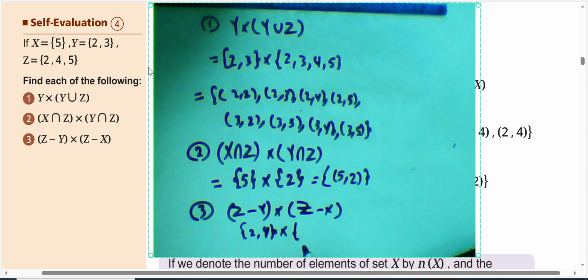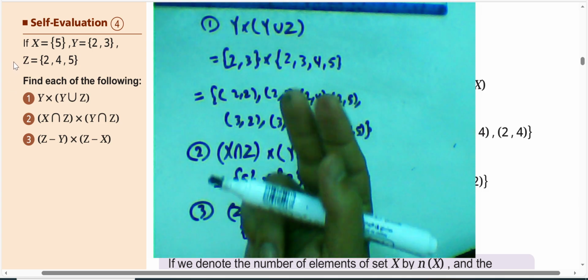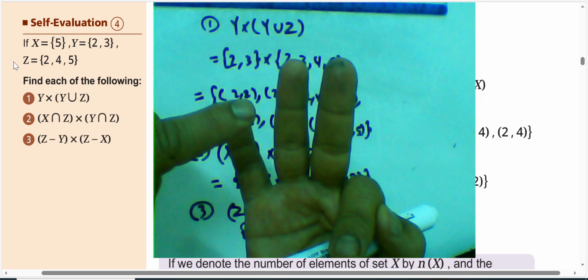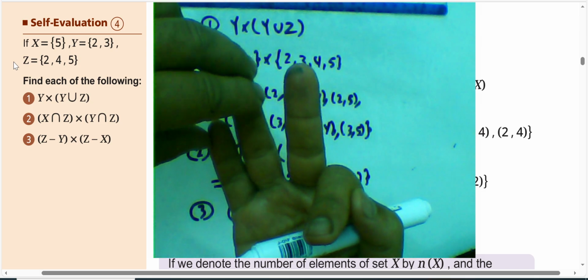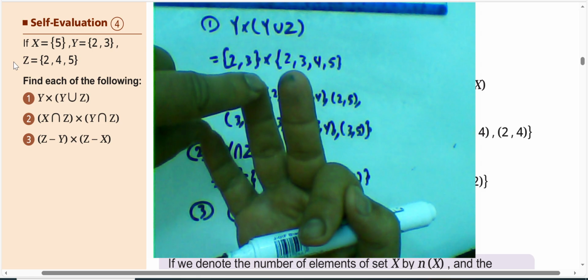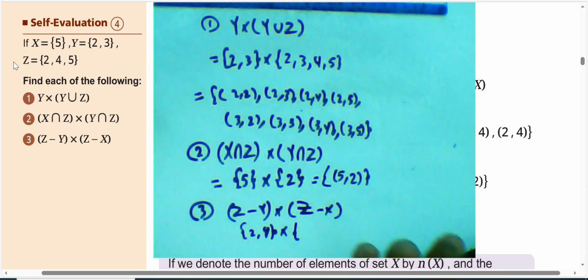Look at Z. It has 2, 4, 5, and X has 5. Then the elements in Z and not found in X are 2 and 4. Right, 2 and 4.